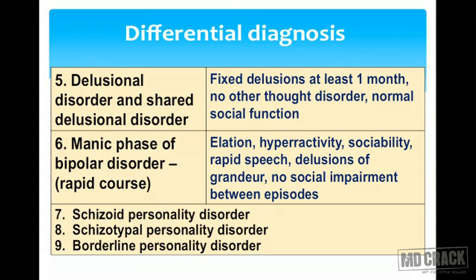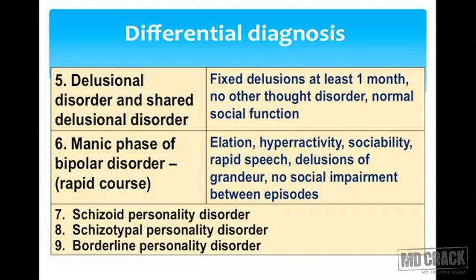We go to the next slide. The next slide is delusional disorder and shared delusional disorder. If you remember the opening of this particular presentation, we said psychotic disorders, schizophrenia and delusional disorder. So this is that delusional disorder. What is the problem with this patient?